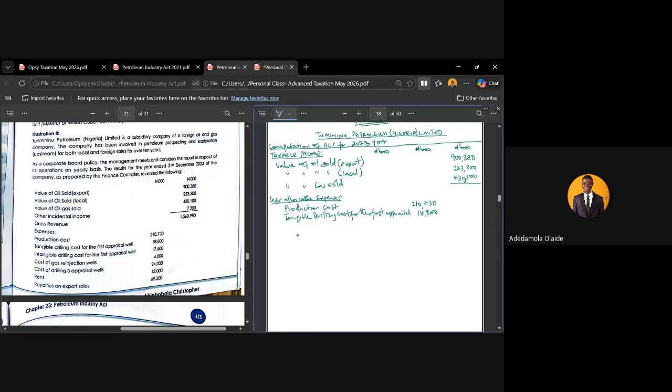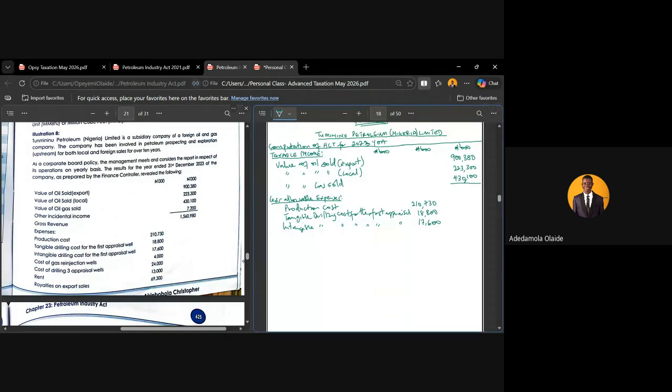Then the intangible drilling cost. The intangible cost for the drilling of the first appraisal well is 17,600.